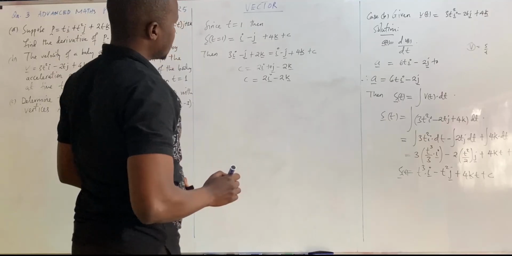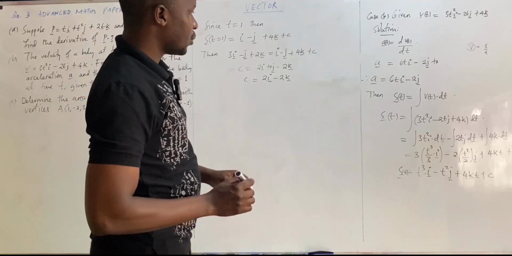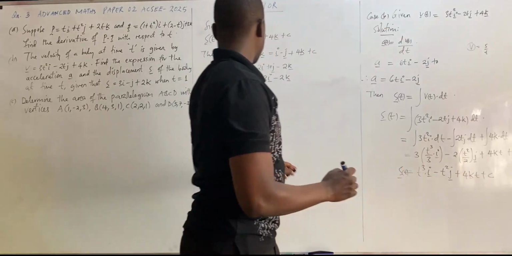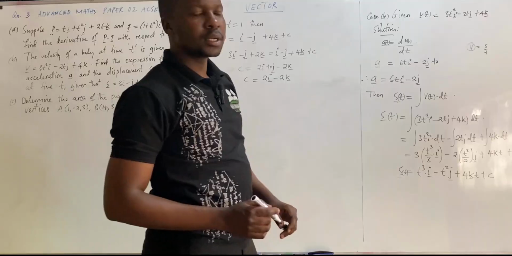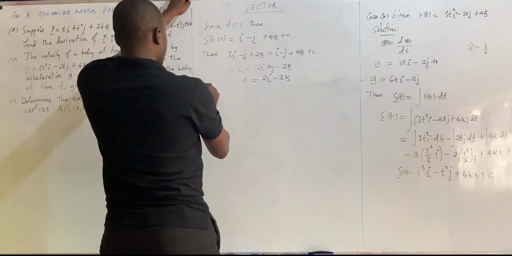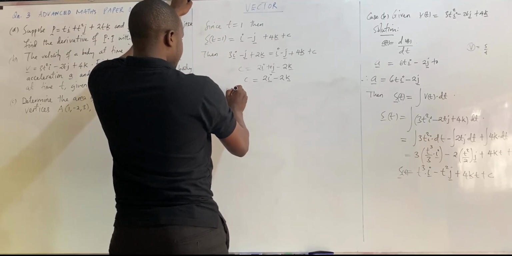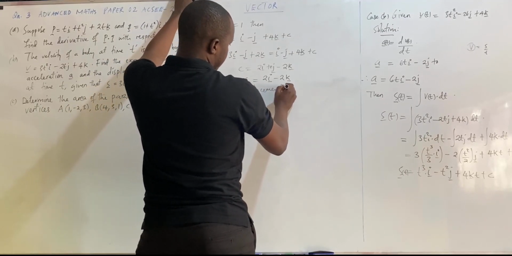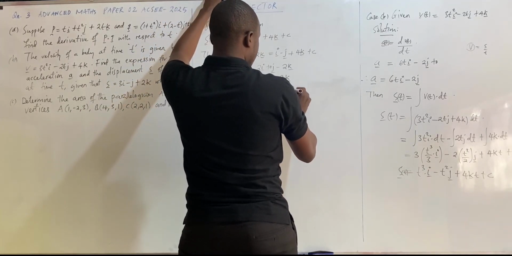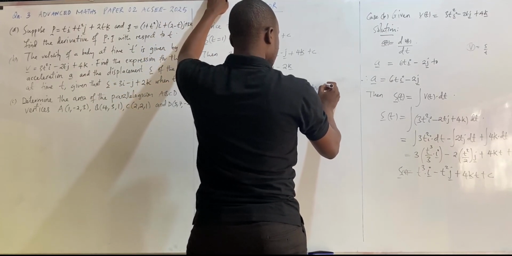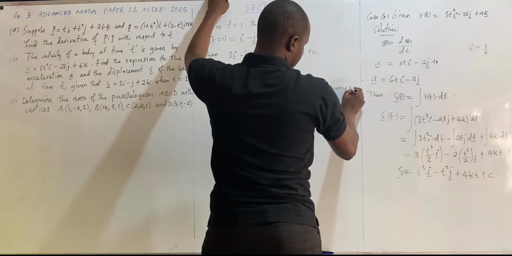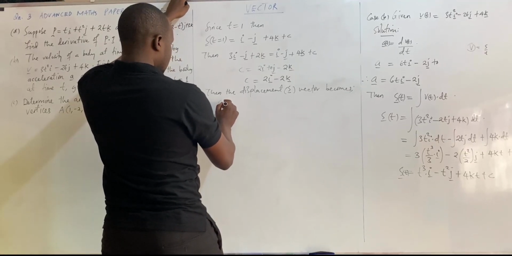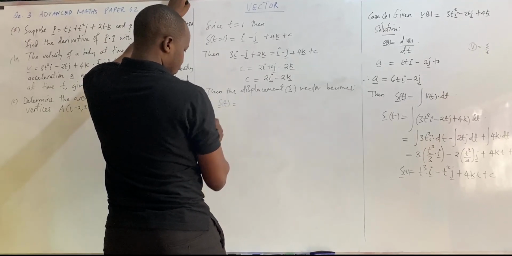Now after having calculated the constant, we go back here to the displacement function. Where c is, we just add this 2i minus 2k. So then the displacement vector becomes s of t equals to what?